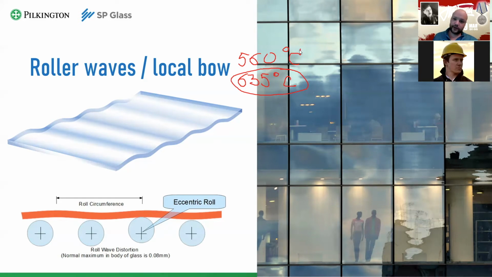Another very important thing is to properly position the glass in the tempering furnace. What do I mean by this? You should position your glass so the roller waves will be parallel to the surface, meaning horizontal. If they are horizontal, the distortion is far less visible on the facade. Why is that?